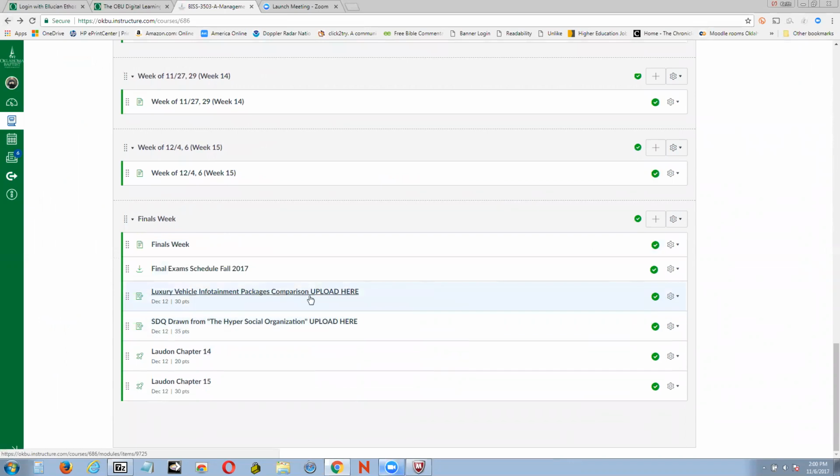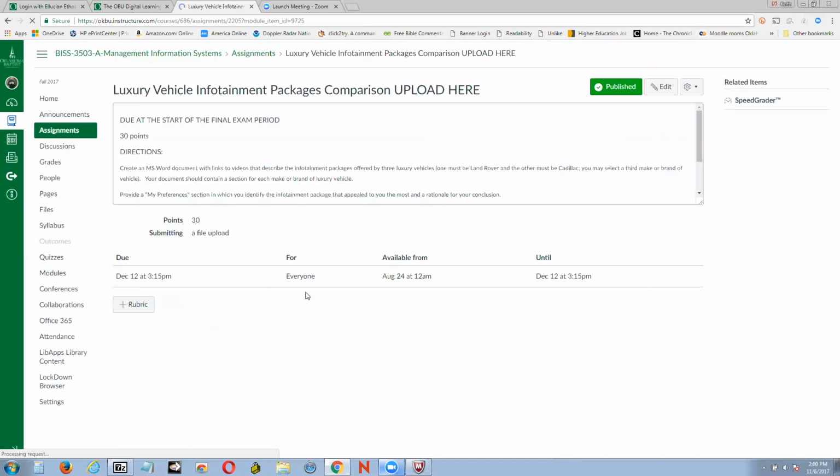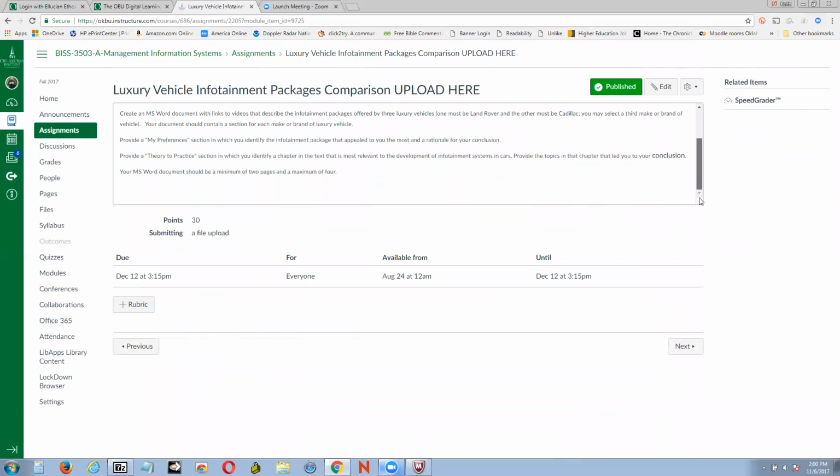I've got, okay, the first is I want you to do, it's kind of a project, and that's luxury vehicle infotainment packages, a comparison of those. And I've got the directions there for you, okay? Take a look at it for just a minute. And there are the directions, and then that's the place you upload them, okay?